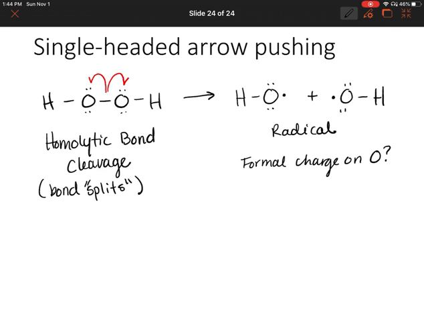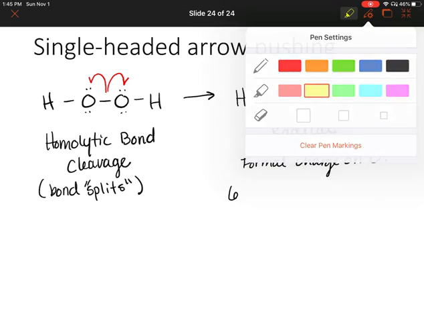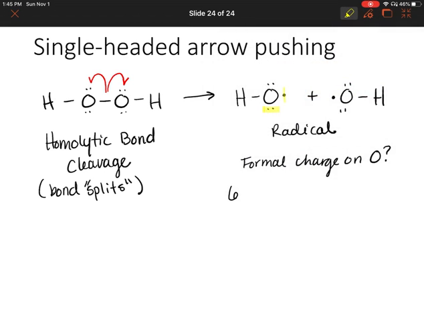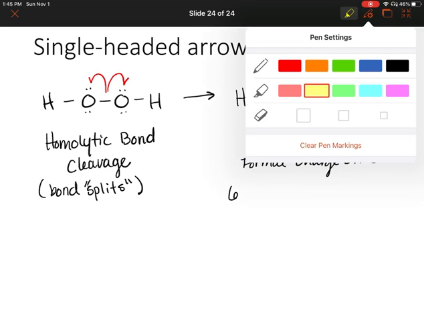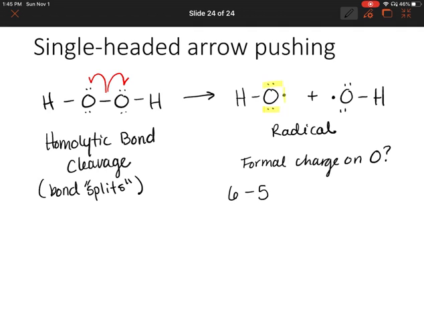Okay, so remember, when we calculate formal charge, we take the number of valence electrons, which is 6 for oxygen, and then we subtract the number of lone pair electrons. So on oxygen, this is 1, 2, 3, 4, 5. And then we subtract half of the shared electrons, which would be 2, because it only has one bond.